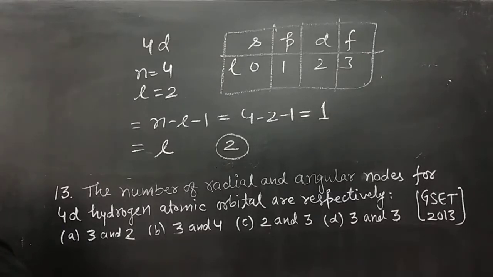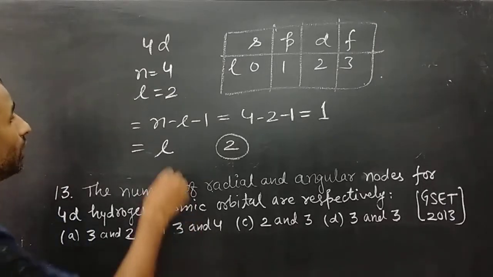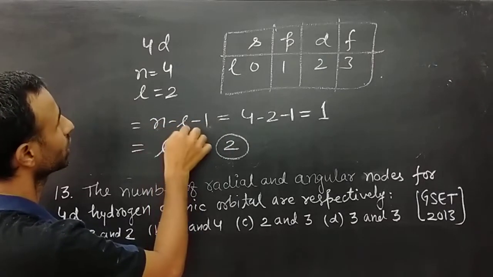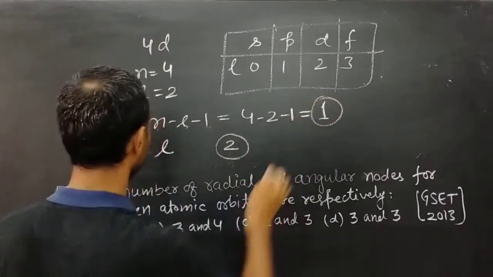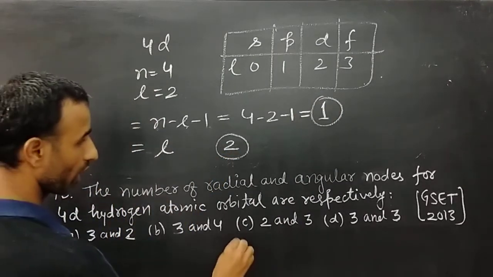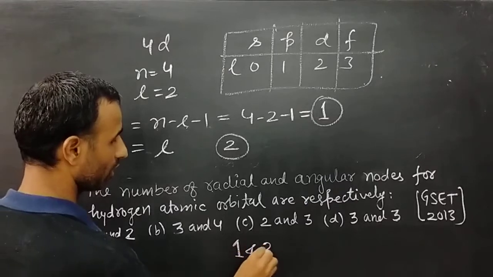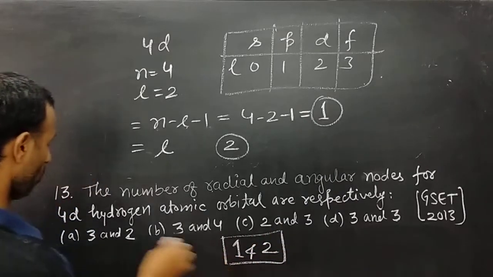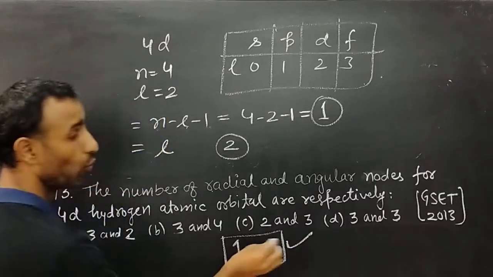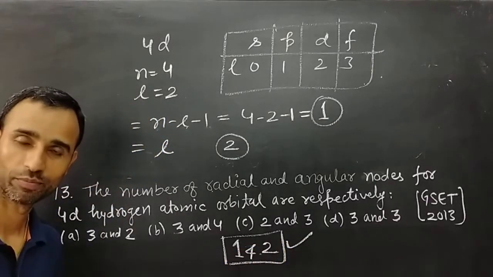So for 4D, radial node should be n minus L minus 1. That means 4 minus 2 minus 1, that means it is only 1. And angular nodes 2, means the option should be 1 and 2. So no option is right. So keep in mind it should be 1 and 2.